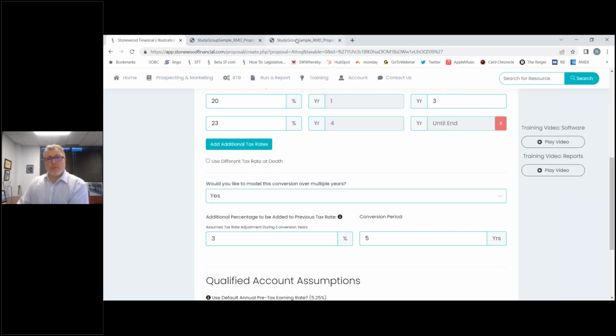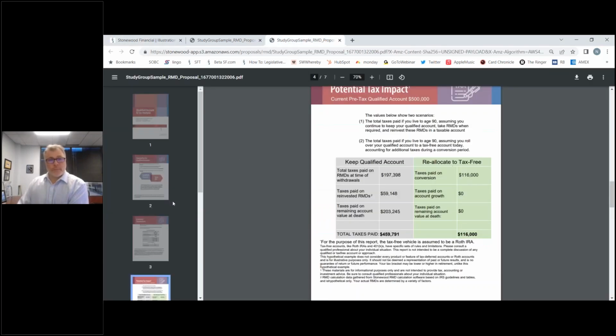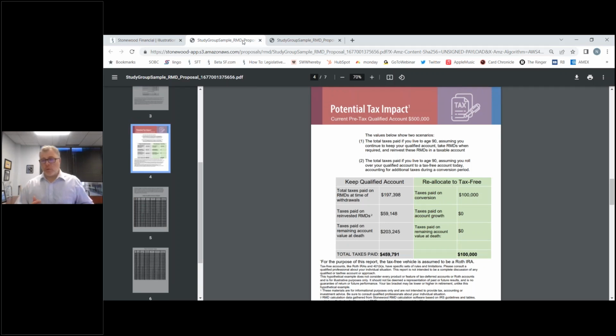And so what does the output look like when we do that? Well, here's what's phenomenal. I ran an example before under the old way. This was an example of $500,000, assuming a 20% tax liability. And then I assumed taxes would change at 2026, and that they went up 3% at that point. And then I assumed taxes went up a lot more later. But during the conversion, we had some tax change.